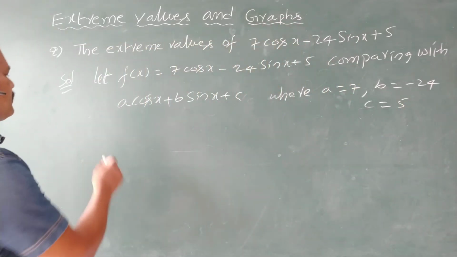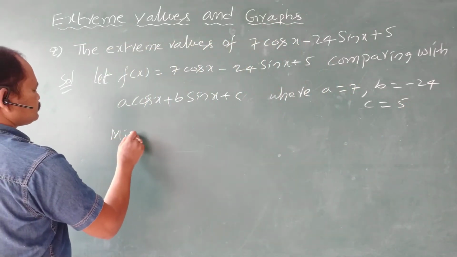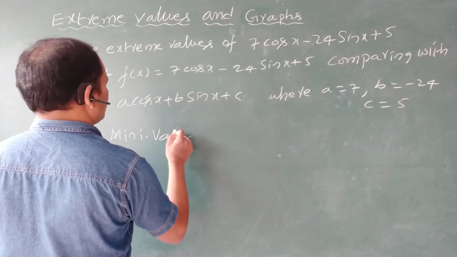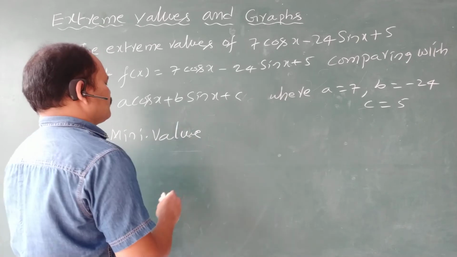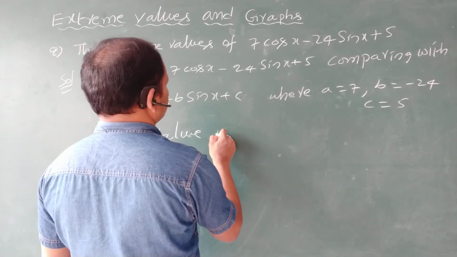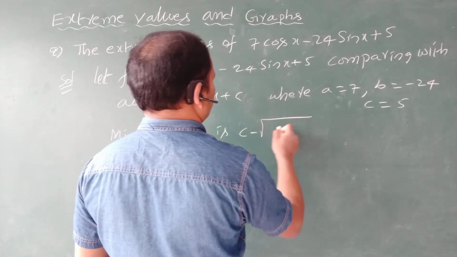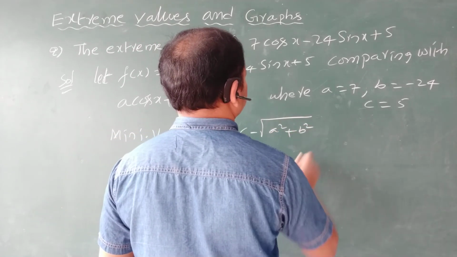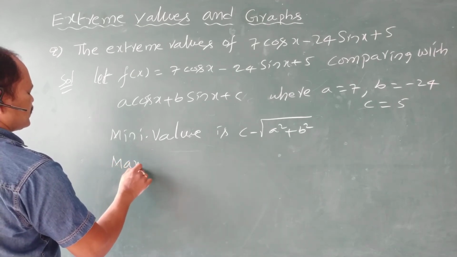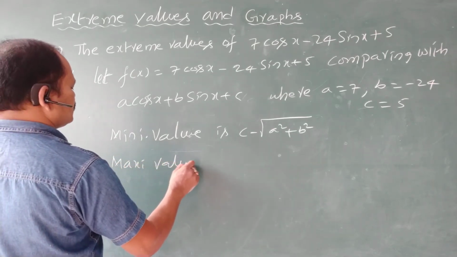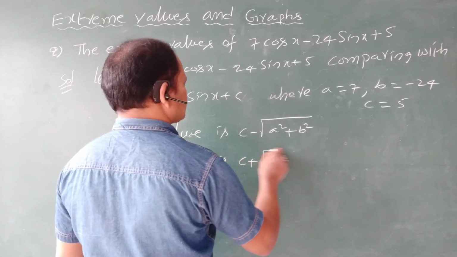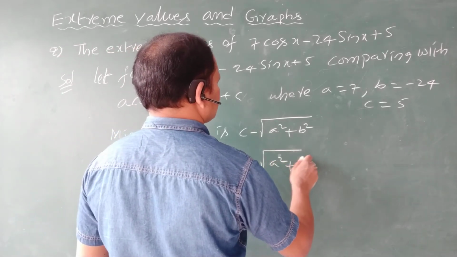Now the minimum value. What is the formula for minimum value? Minimum value is c minus root of a square plus b square, and maximum value is c plus root of a square plus b square.